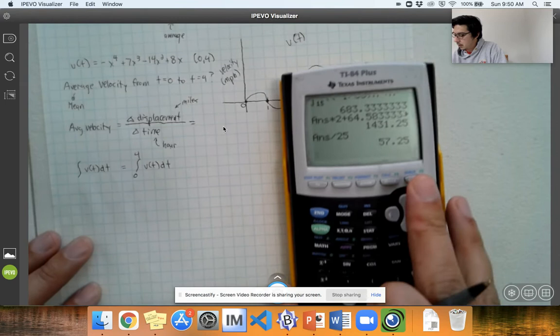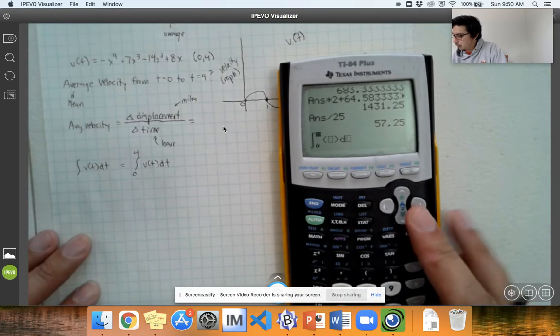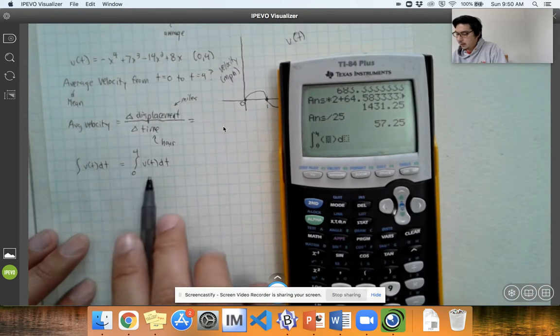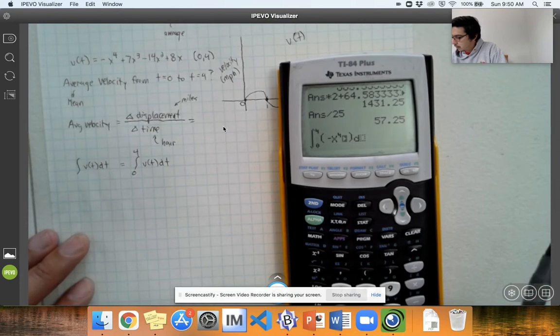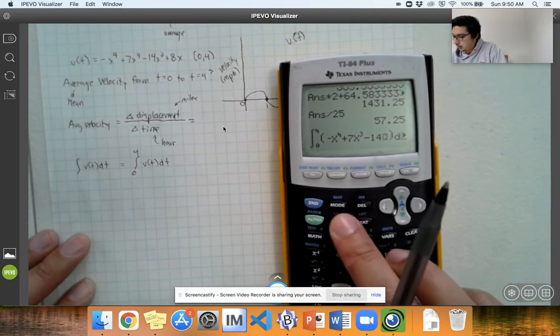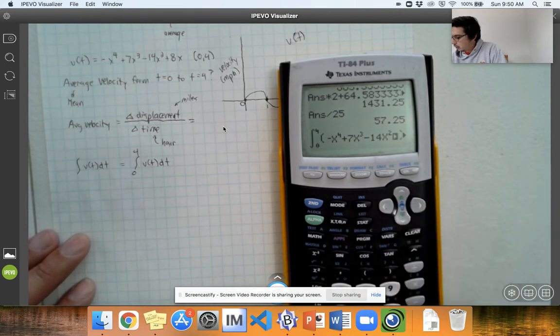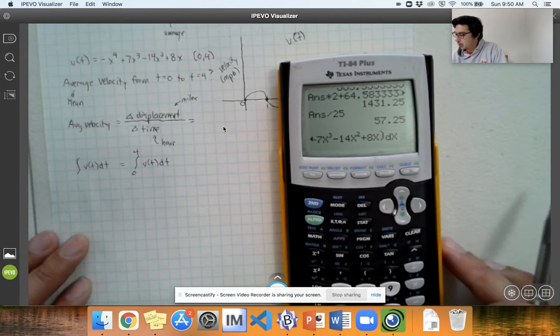So we have math function integral, and we're going from 0 to 4 of our function, which is going to be negative x to the fourth plus 7x to the third minus 14x squared plus 8x with respect to x as time is changing.